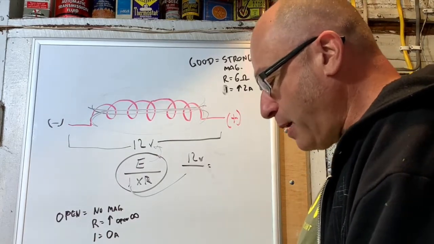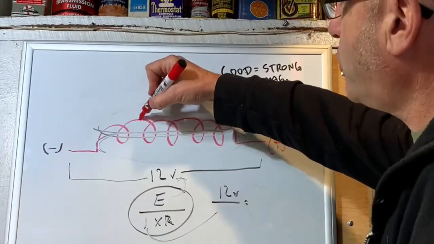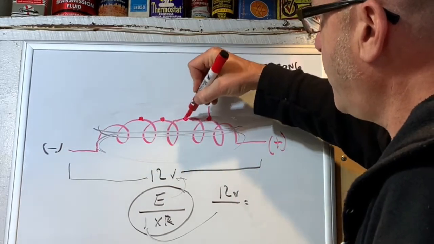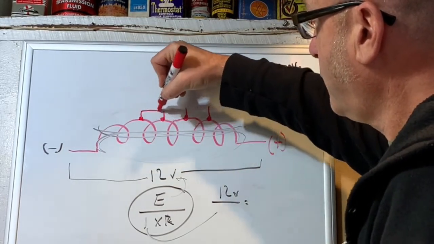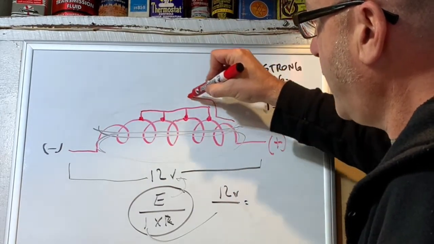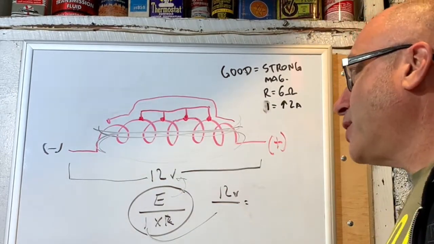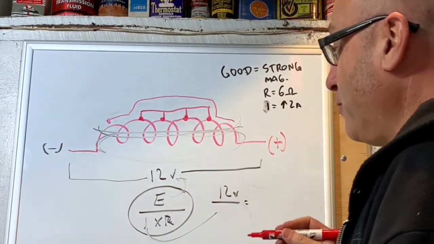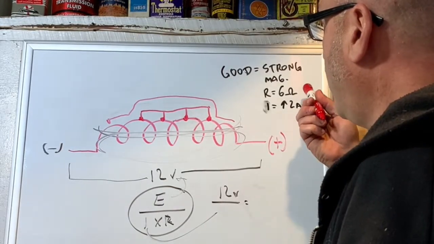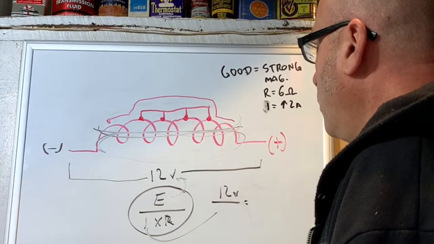So the last possibility that we have is a short, and a short is when I fuse together multiple sections of the coil, which means the overall resistance now skips those coils in the middle. Okay. And what that's going to do is, if you remember my good coil, there was 6 ohms.